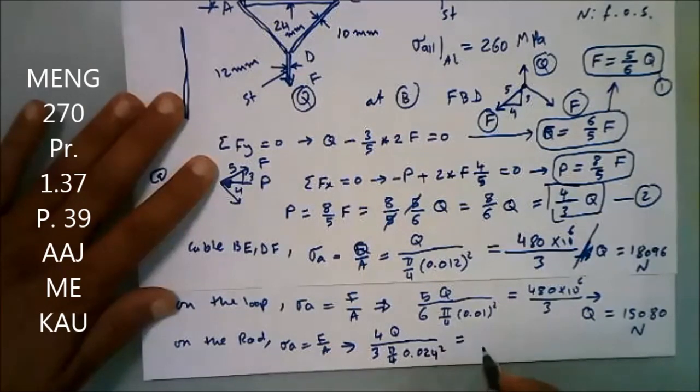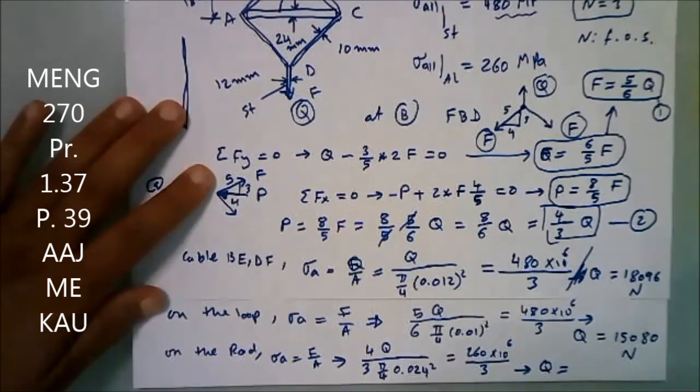This is equal to 60 times 10 to the power 6 over 3. What does Q come out to here? 29,405 newtons.